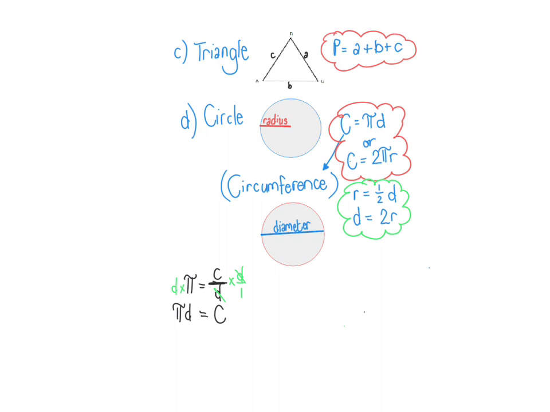Now from this, just by the way, that's why we have two formulae, you would notice. Pi times diameter, or the circumference is 2 pi r, which basically comes from the fact that the diameter is 2 times the radius, double the radius.